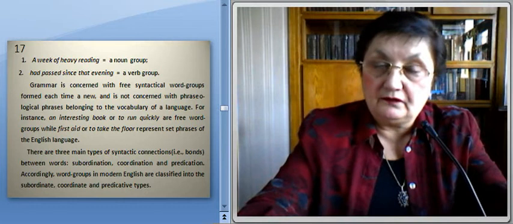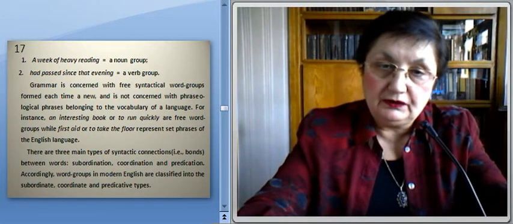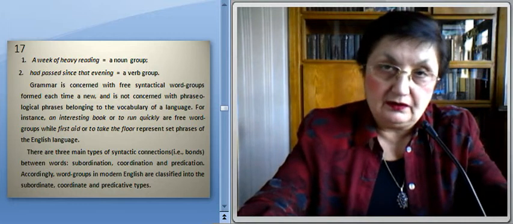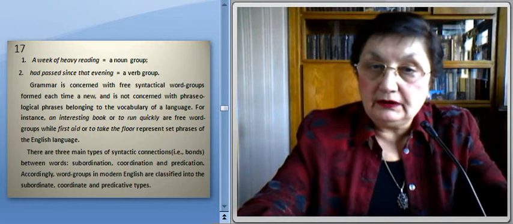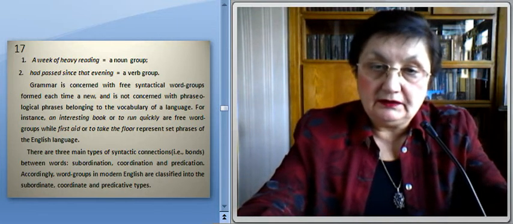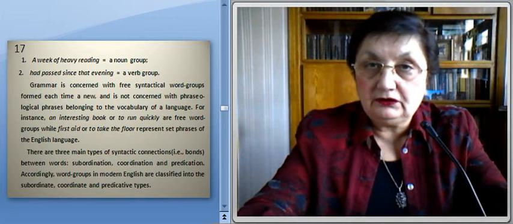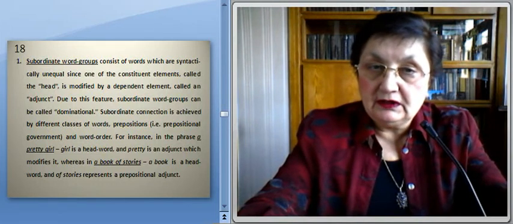Accordingly, word groups in modern English are classified into the subordinate, coordinate, and predicative types. Subordinate word groups consist of words which are syntactically unequal, since one of the constituent elements, called the head, is modified by a dependent element called an adjunct.